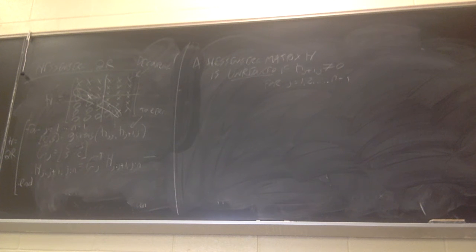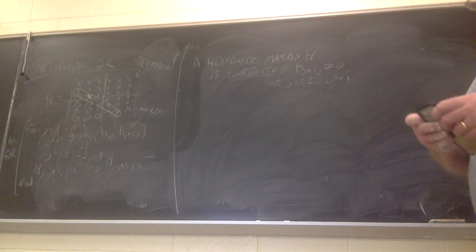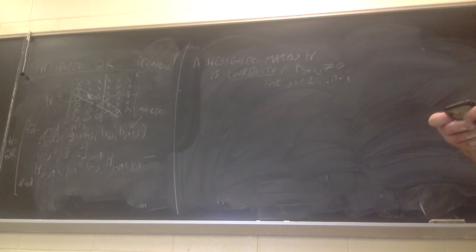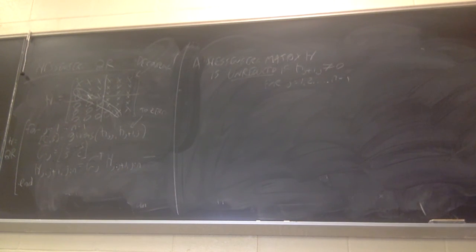So the idea is, as we keep doing this QR algorithm step, we're going to watch for zeros to appear on the subdiagonal.